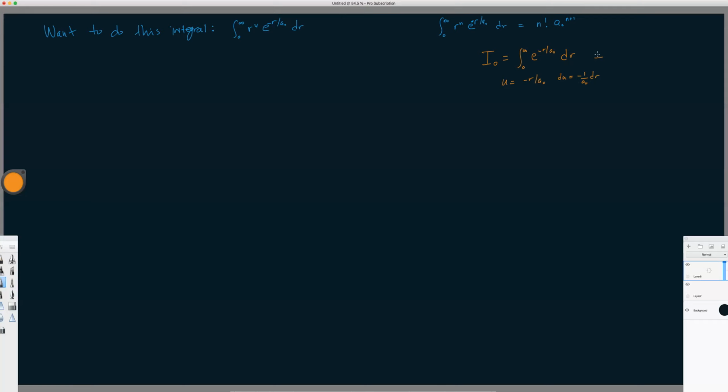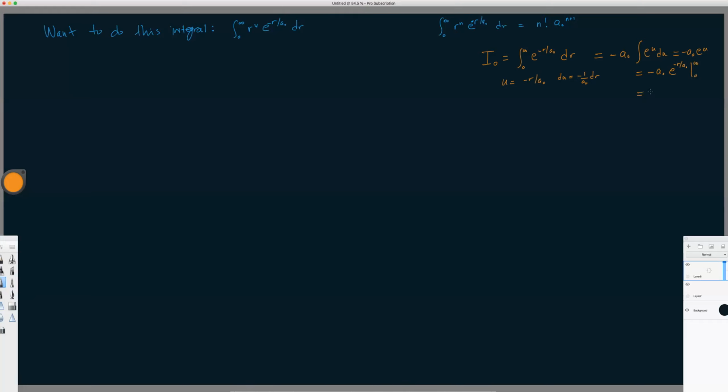So here we go. So minus a0, and then we have the integral e to the u du, which we know how to do, because of course, e to the u is the answer to the integral. So minus a0 e to the u, and we're going to substitute back in for u, minus a0, and then we have e to the minus r over a naught between 0 and infinity.